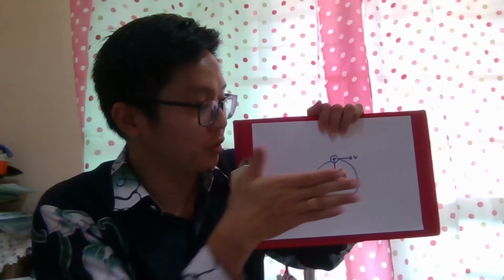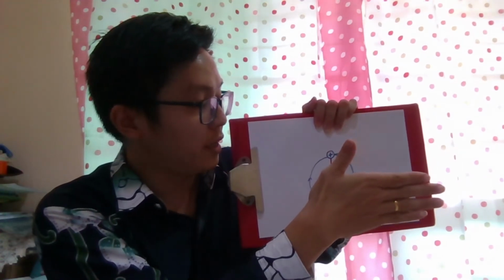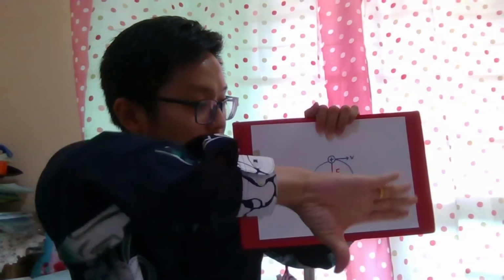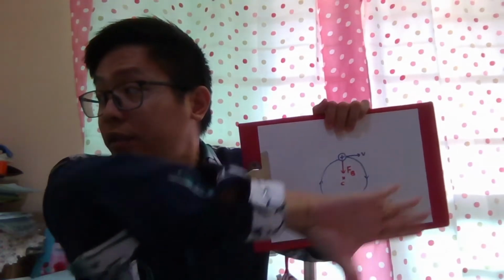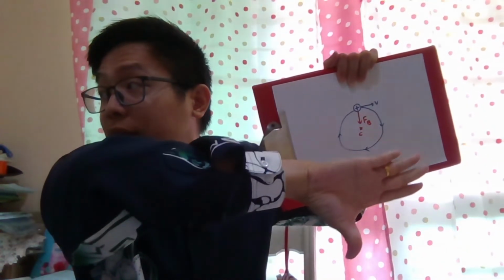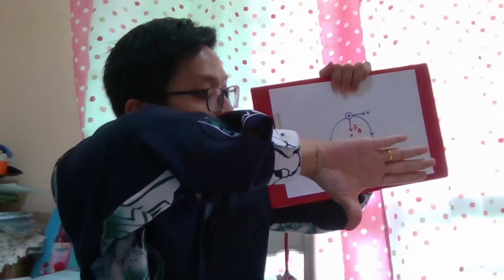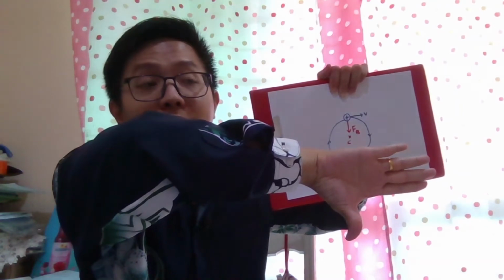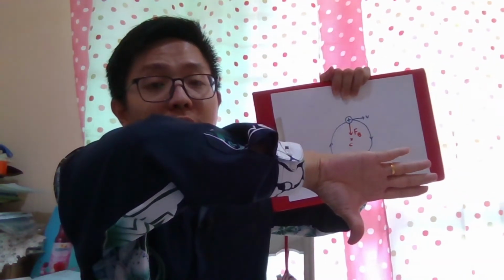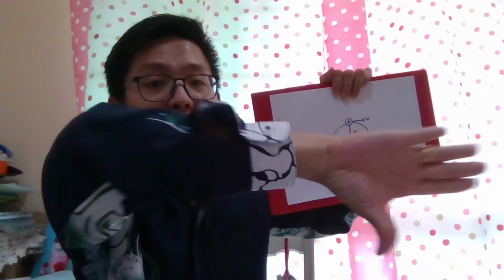So velocity to the right, but the force must be downward, so my thumb should be downward. Like this. So where is my palm pointing? My palm is facing you, going out of page.